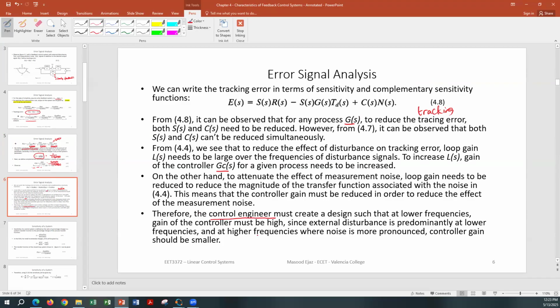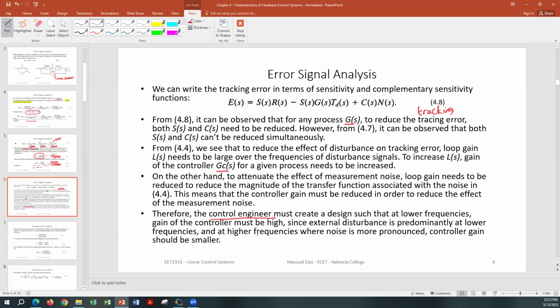Control engineer must create a design such that at lower frequencies, gain of the controller must be high, since external disturbance is predominantly at lower frequencies, and at higher frequencies, where noise is more pronounced, controller gain should be smaller. So the good thing is that these two inputs, external disturbance and internal noise, have their own frequency band.